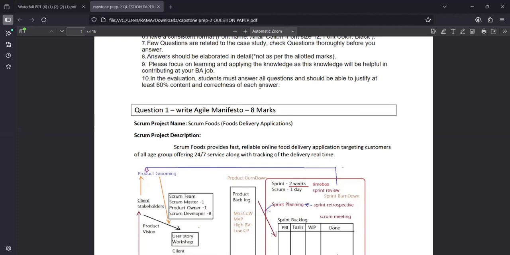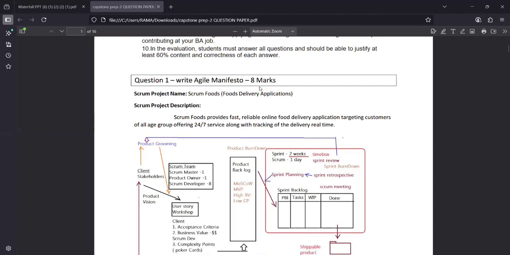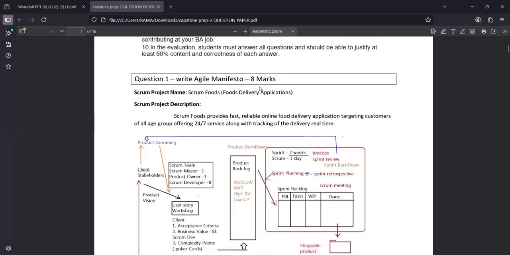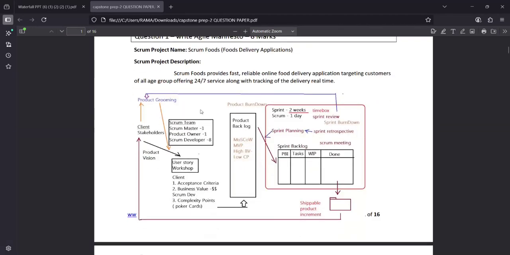Now we are looking at the questions. Here they have given a diagram. Whenever the client approaches the company, he will meet the product owner, and they will discuss the requirements.